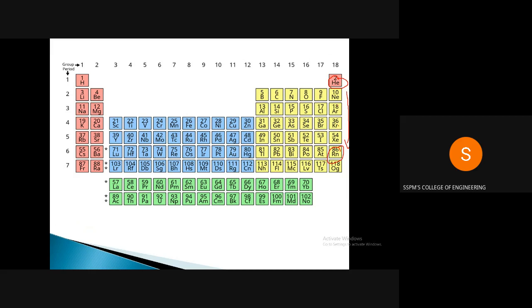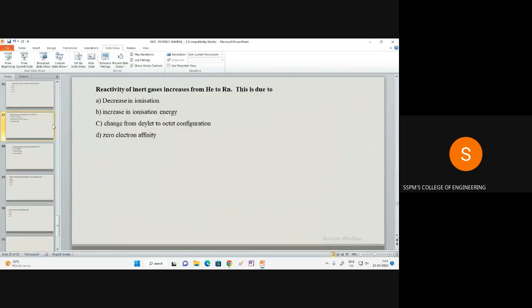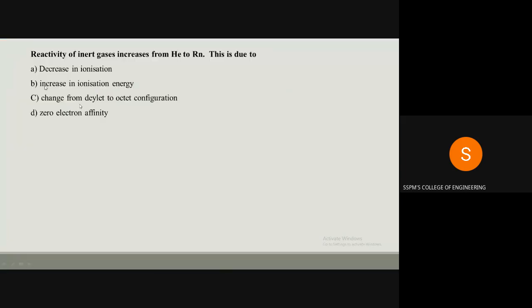Hence, reactivity will increase. So reactivity of inert gases increases from helium to radon, and this is due to decrease in ionization energy down the group.